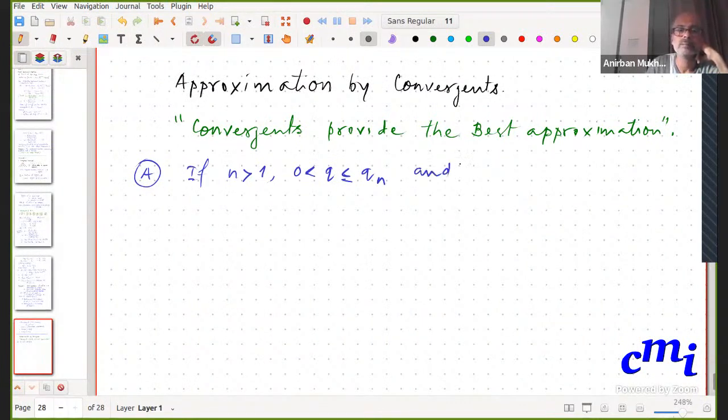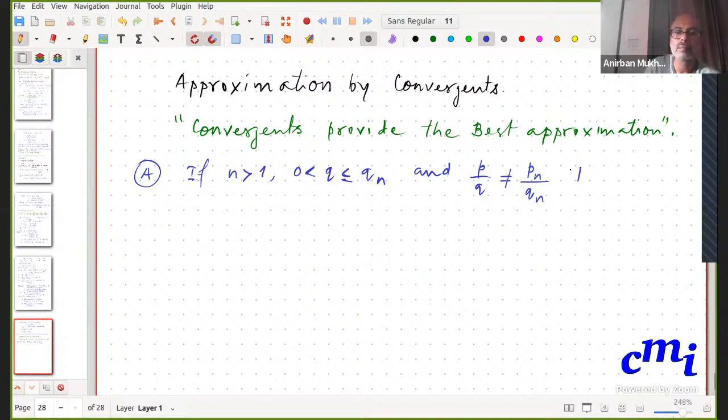And p by q is not equal to pn by qn, where p is some integer, because we also have the option to take q to be qn but choose some different p, not pn.